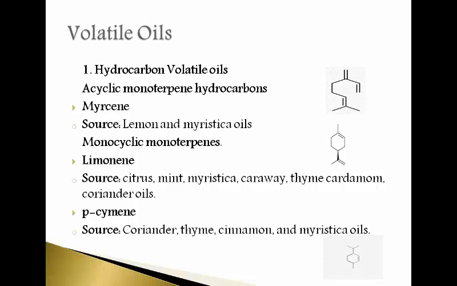Another example is pecimine, which is also monocyclic monoterpene, and it is present in coriander, thyme, cinnamon, and myristica oil.